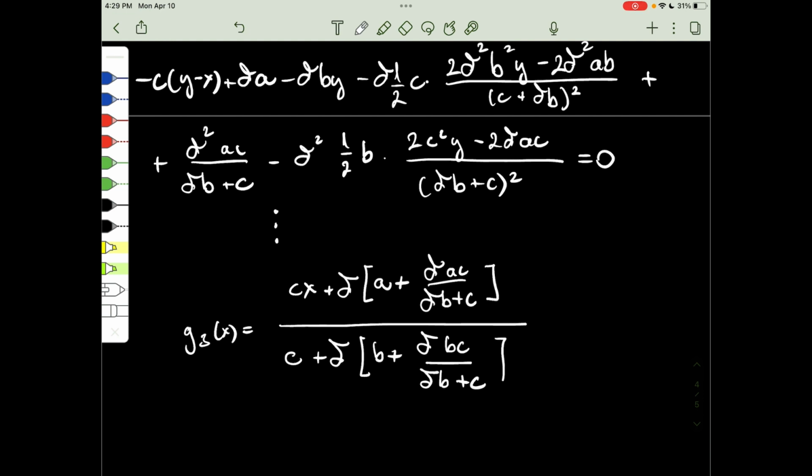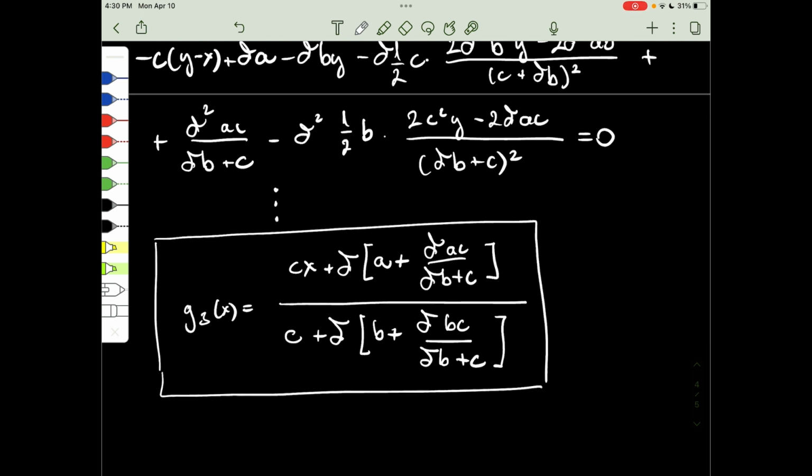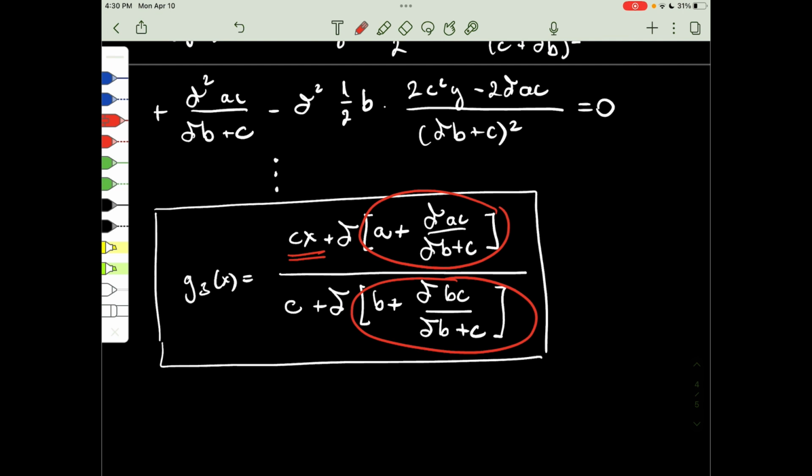Okay, so this is the policy function after the third round of iteration. It is still linear in X, so the optimum policy is still a linear function of the state. But here and here, these are recursive formulas for the parameters of the optimum policy function.